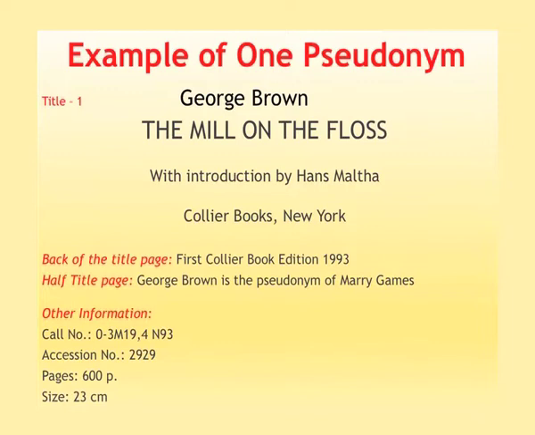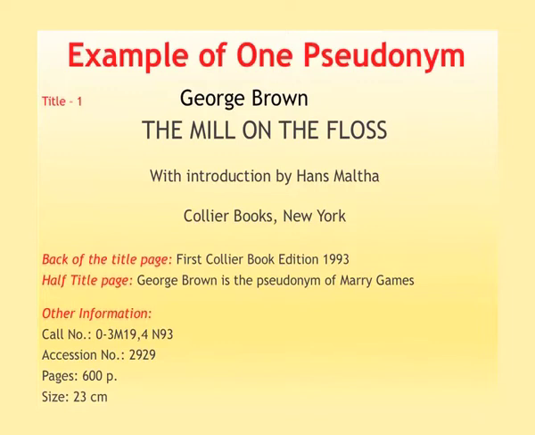Here George Brown is the author, the title is The Mill on the Floss, and the book is introduced with an introduction by Hans Malta, and the publisher is Collier Books, New York, and other information regarding the publication is there. On the back of the title page it is written that the first Collier book edition is 1993.